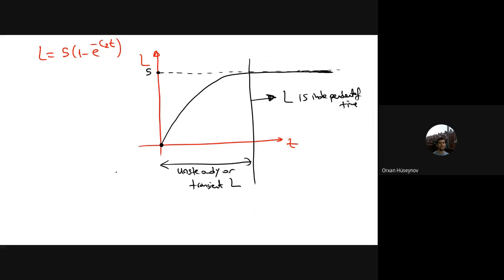For example, if I select the time as this one, I will have the same L. If I select time as this one, I will have the same L. You see that the L value doesn't change with respect to time. It is independent of time, or steady. You can see the difference now.